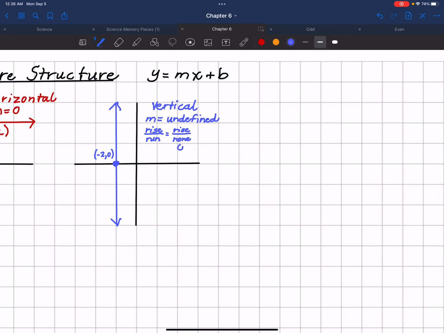So that would mean that we would be dividing by a 0. And in math, you cannot do that. If you put a number divided by 0 in your calculator, you'll get an error message. So this is an error in math. You cannot divide by a 0. If you do that, in this case, it's called an undefined slope.